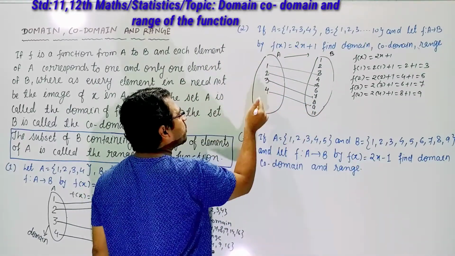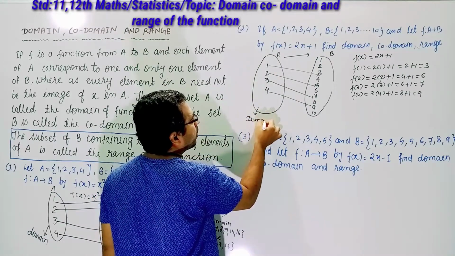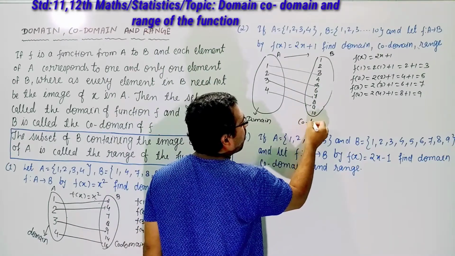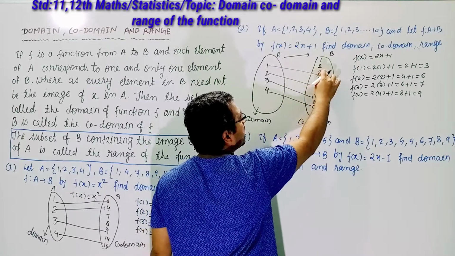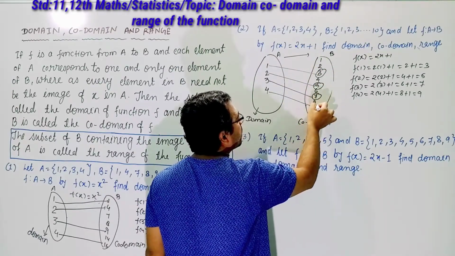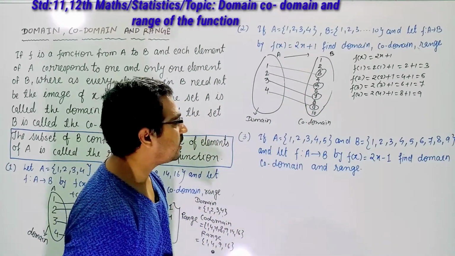So the elements of these sets are the domain and the codomain, and the images are 3, 5, 7 and 9. These are the elements of the range.